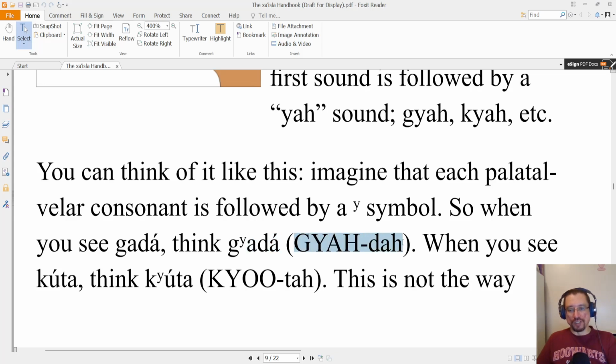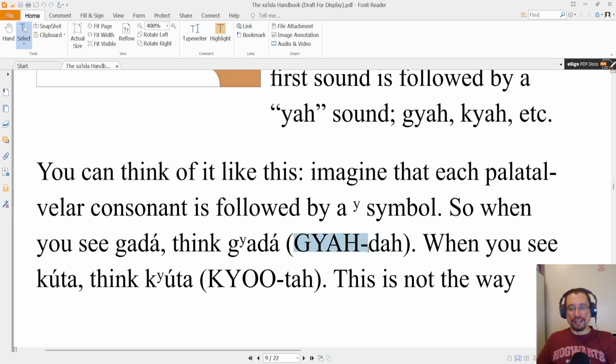If you look at the way I wrote this out, I very begrudgingly used phonetic spelling here. This is something I rarely ever do. Normally I would never use phonetic spelling, but I used it in this instance because I want to get you to understand where accent placement is, and also the fact that there is a ya sound here.